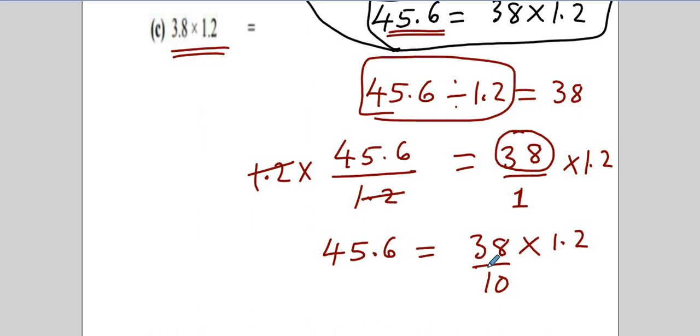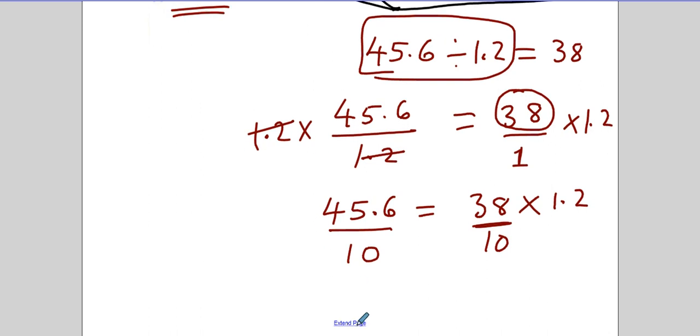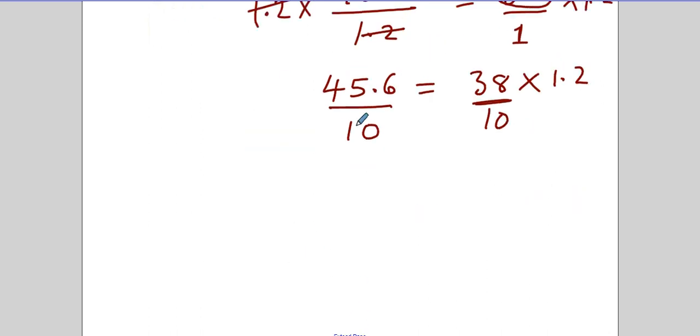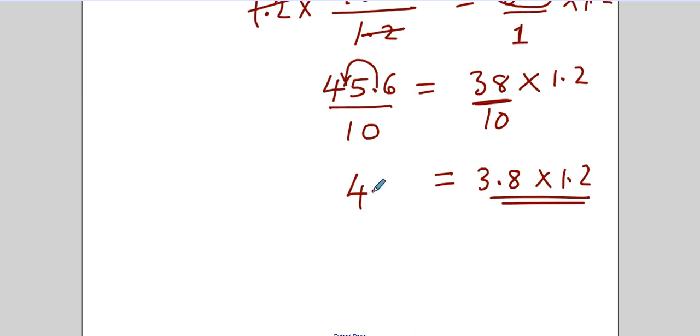Now, when you divide by 10 on this side, you also have to divide by 10 on that side. See that? Right. Now, 38 divided by 10 is equal to 3.8, times 1.2. Now, this is our question. But when you have 45.6 divided by 10, just move the decimal place over here, and the answer becomes 4.56. See that?